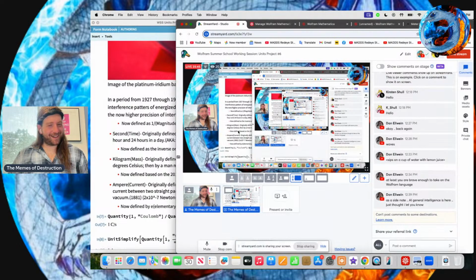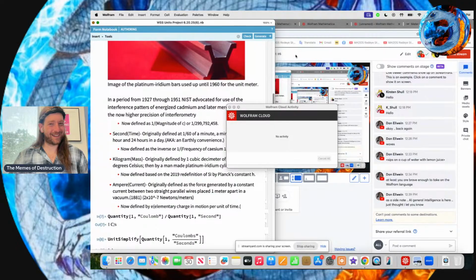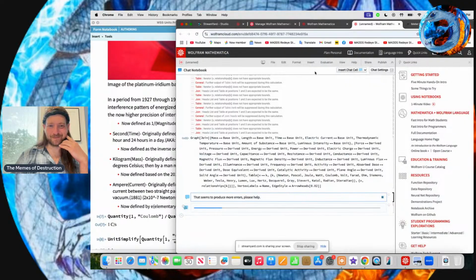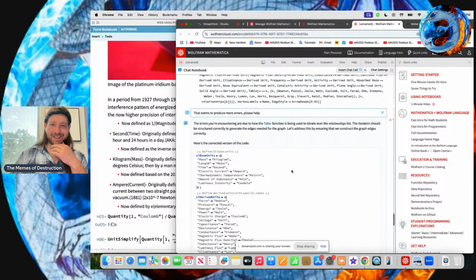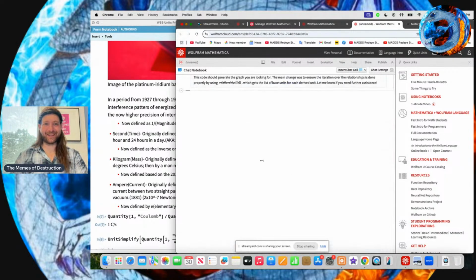Am I brave enough to take on the Wolfram language? It's mostly because I have a chat assistant. Oh god, I struggled through some of the very basic things. Now, okay, I can kind of see. I can at least try to ask some questions. The iteration should be structured correctly to generate the edges. All right, how about this?